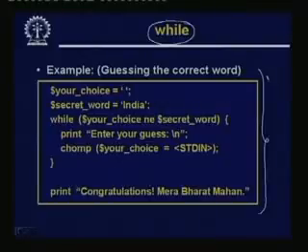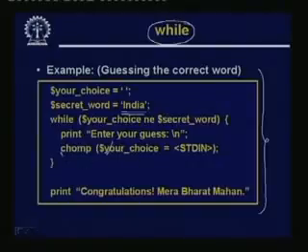Well, this is a simple application where I am just assuming that I have a secret word called India, and I am asking the person who is running the program to guess the secret word. Now, as long as the correct guess is not given, the program continues running in the while loop. Okay.